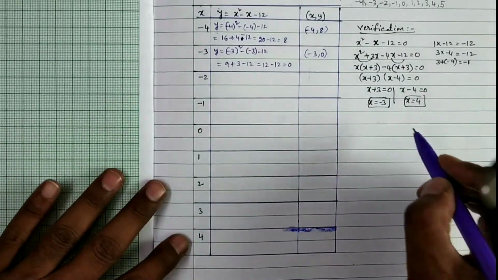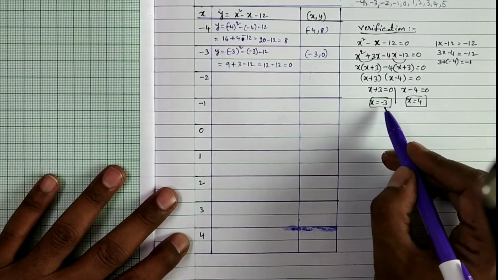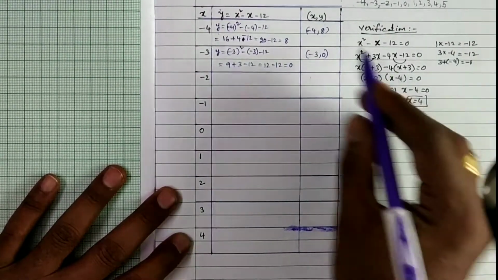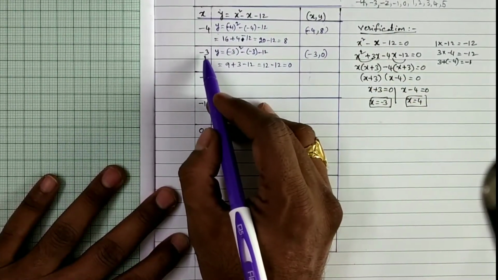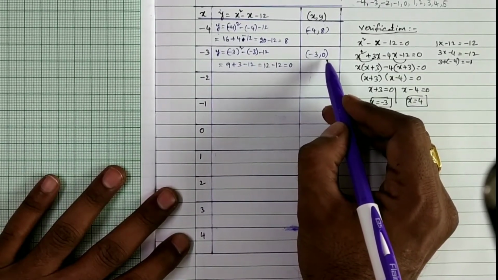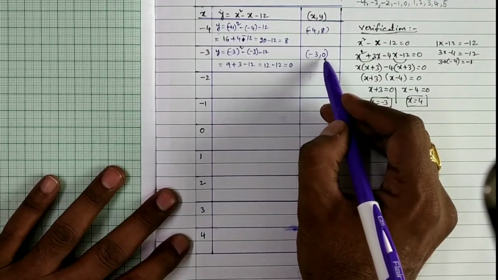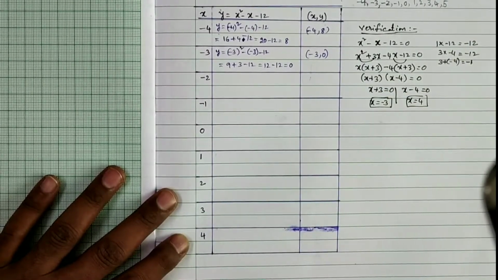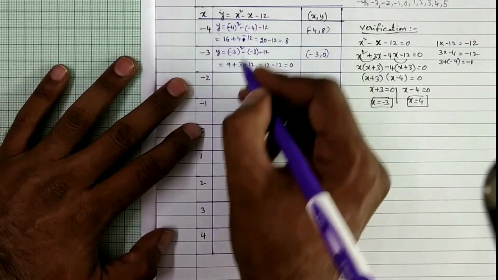By observing the verification, minus 3 is one of the zeros of the polynomial. So here only we got the same. For the zeros, y value should be 0. Now take minus 2 in the place of x.